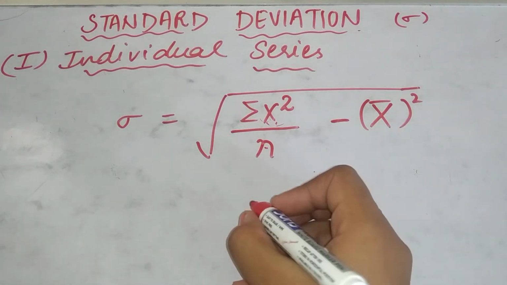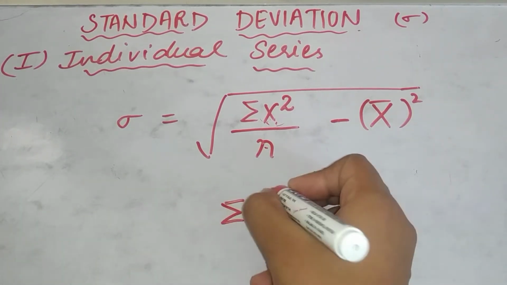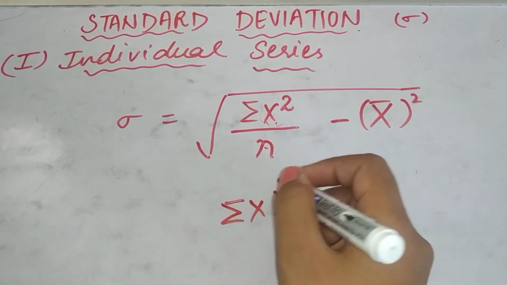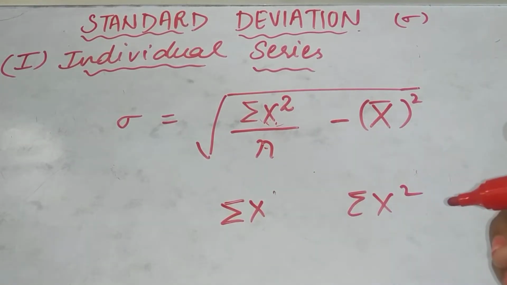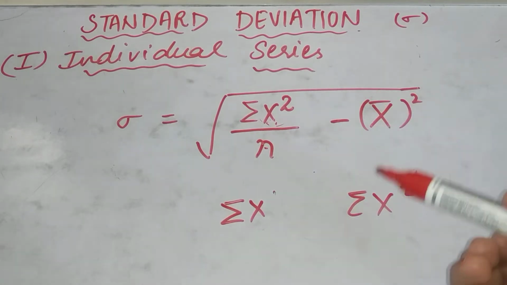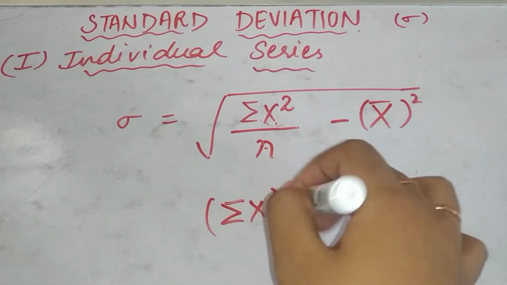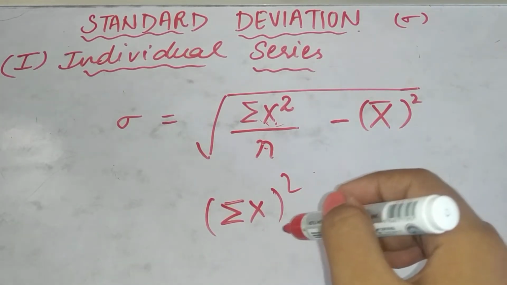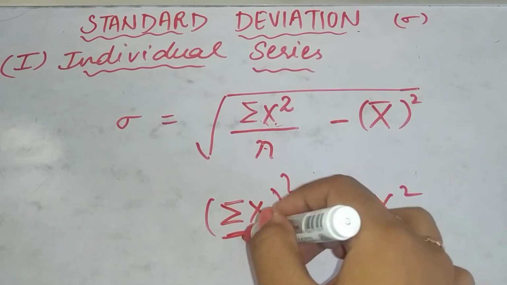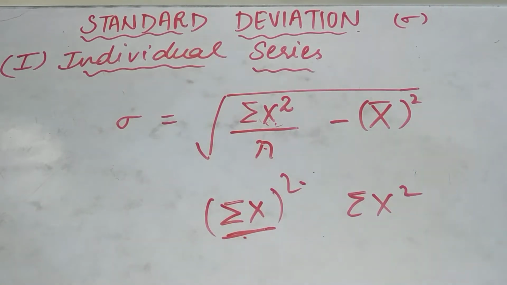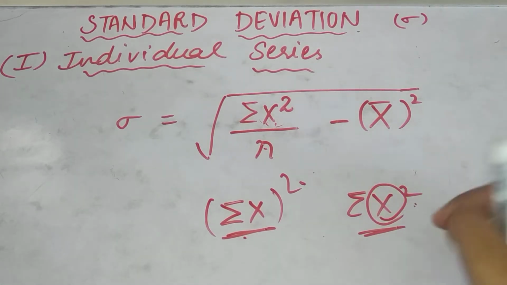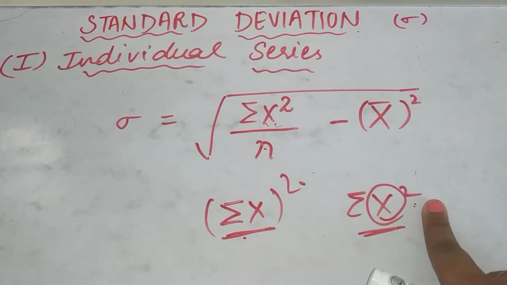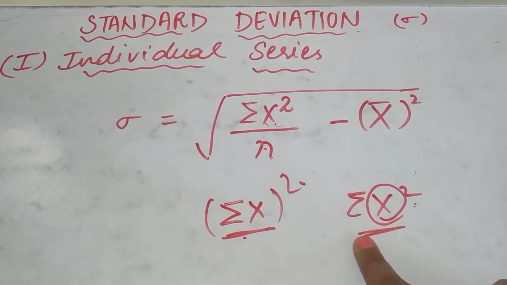There is a lot of difference between summation x whole square and summation x square, because in summation x whole square we require summation x firstly and then its square, and in this case firstly we have to find out the square of each number and then add up.